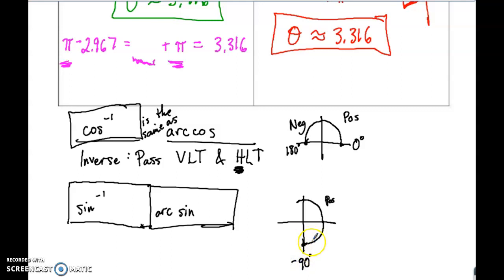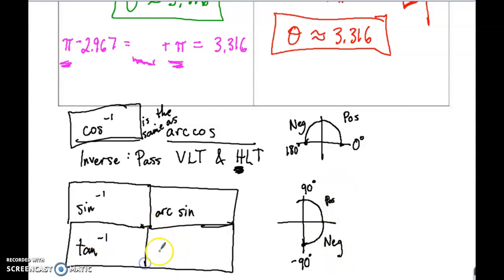So when you do inverse sine, you'll get negative 90 degrees to positive 90 degrees, because those are the intervals that we use for sine being positive and negative. And the same thing is said for inverse tangent and arctangent. Well, speaking of it, those are the same things.